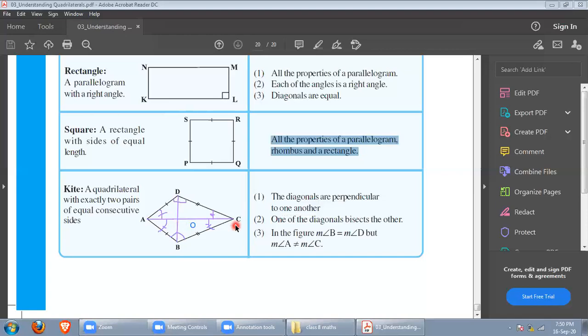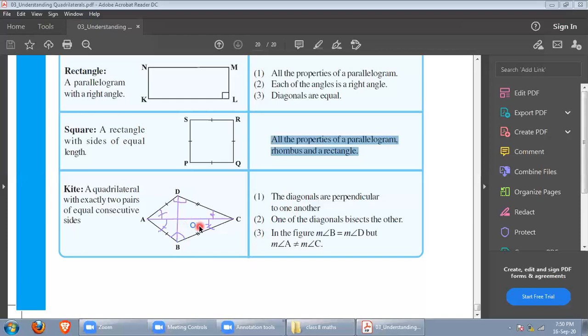Both diagonals will not be bisecting each other. One diagonal will be bisected, not both diagonals. So OD will be equal to OB. This is a property of a kite. Also, the diagonals are perpendicular to one another.